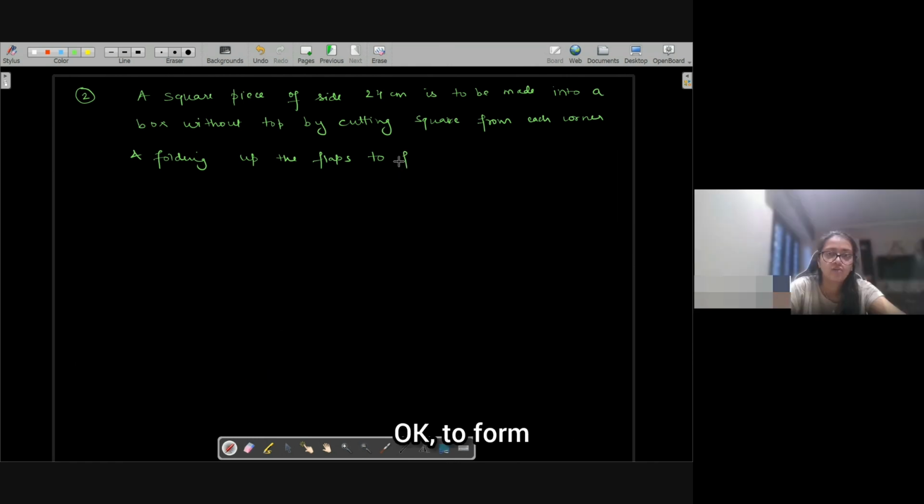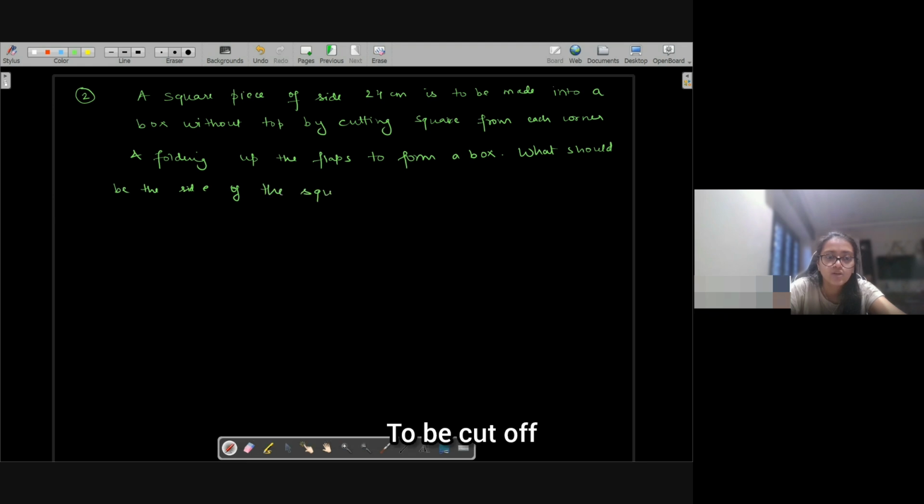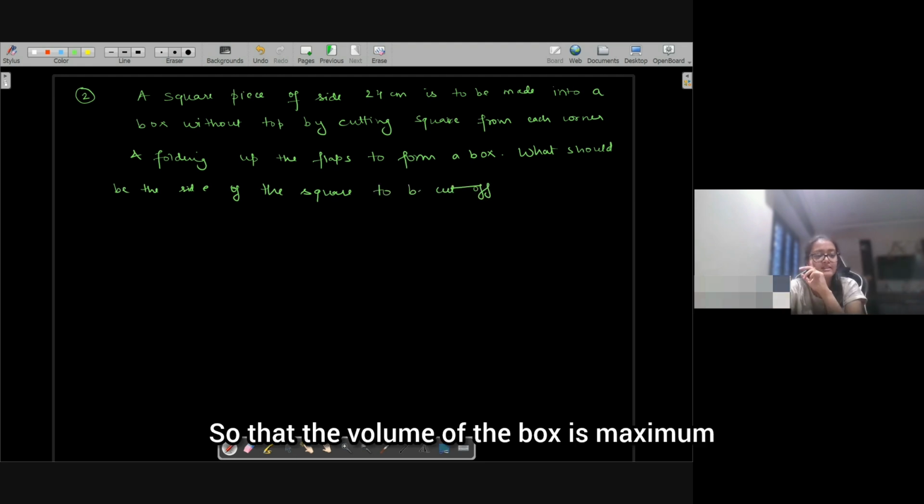What should be the side of the square to be cut off so that the volume of the box is maximum?